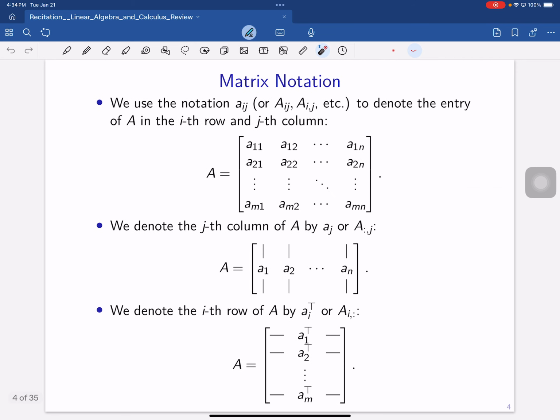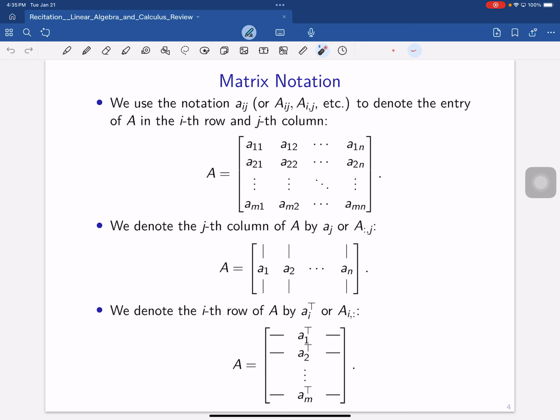Without loss of generality, you can write a matrix this way with m rows and n columns. And then you can denote each row as a sub i. So you have different rows in this matrix here, and each of these is a column vector here. And then you can denote the ith row of a matrix by a_i transpose.